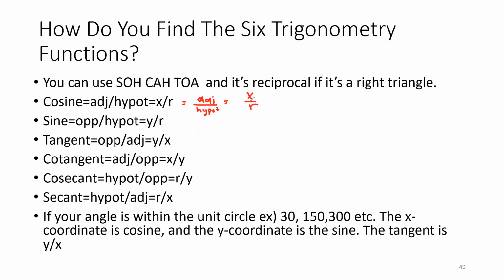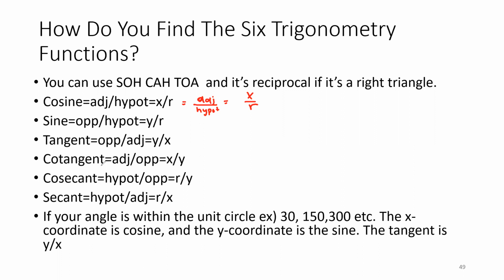We'll go over what that means when we do some word problems and you'll see that the radius is the same thing as the hypotenuse. Okay, sine could be expressed as opposite over hypotenuse or y over radius. Tangent can be expressed as opposite over adjacent or y over x.